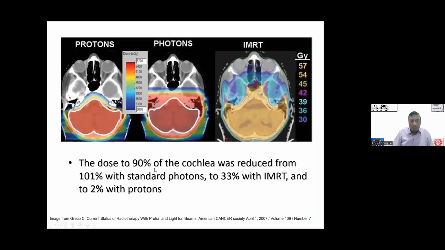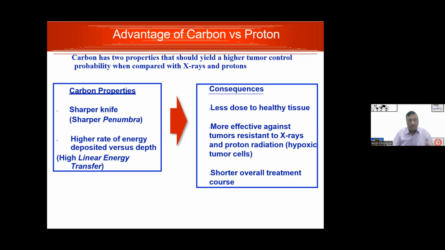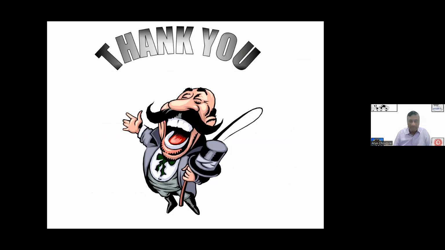The dose to 90% of the cochlea was reduced from 101% with standard photons to 30% with IMRT and 2% with protons. And therefore, you can spare the normal tissue or OAR and give lethal doses. Carbon ions are much better, though expensive, because of the sharper penumbra, more LET, and more RBE. So with this, I end.